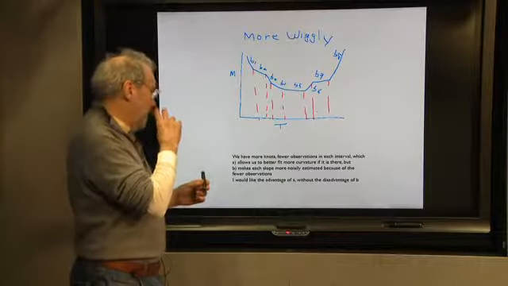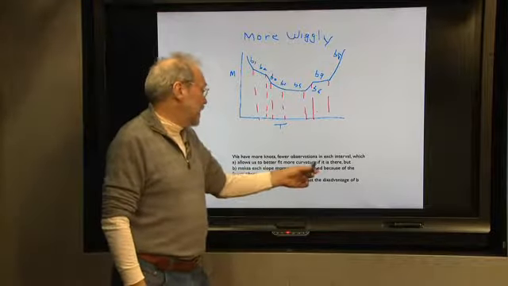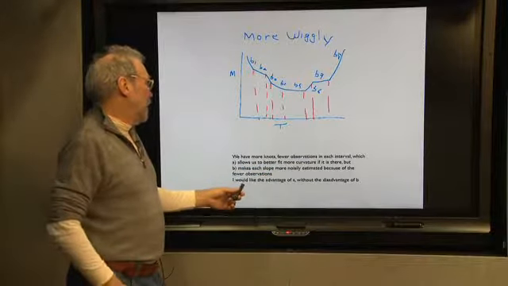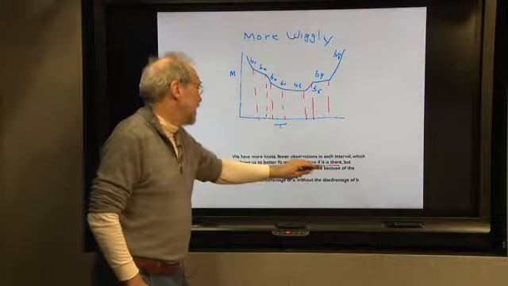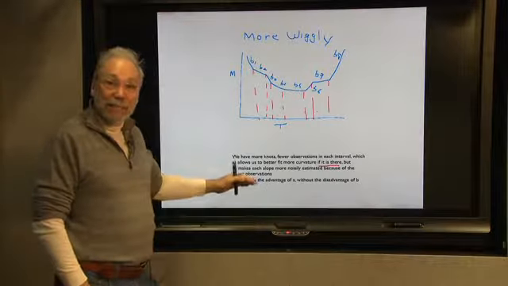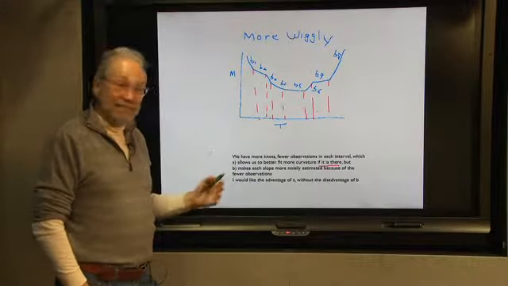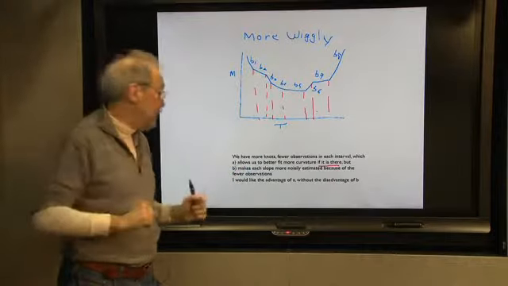So I would like the advantage of A, better fit to the greater curvature if it's really there, without the disadvantage, which is part B over here, which is my slopes start getting noisy and bouncing around. Okay?